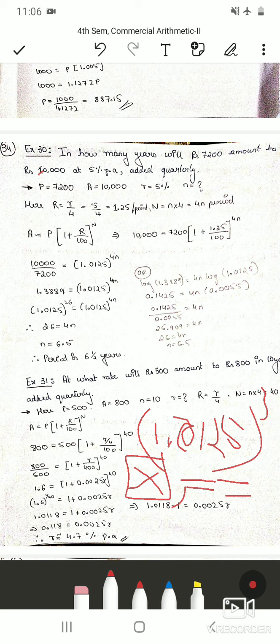Then you would get 1.0125 into 1.0125 into 1.0125 as the answer. So in the power you have 3, so you have to press 3 buttons, that is 1 multiplication and 2 times equal to symbol. Suppose in the power you had 5, then press the multiplication sign, then the equal to sign you have to press 4 times.